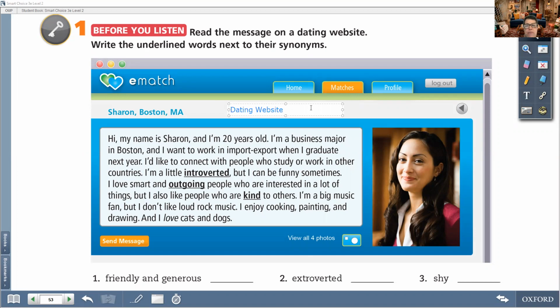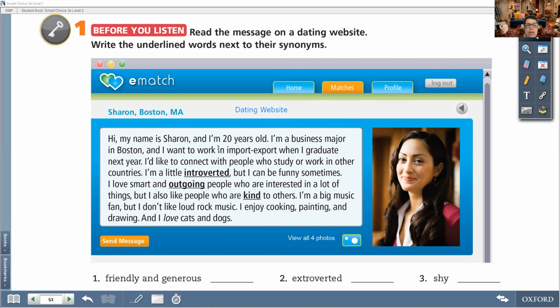Okay, some people like this kind of website. I don't personally. I don't like it, and I don't believe in dating websites. But some people believe, and some people like it. So let's read the message from this girl here. Her name is Sharon. She's from Boston, Massachusetts. Okay, so let's see the message.